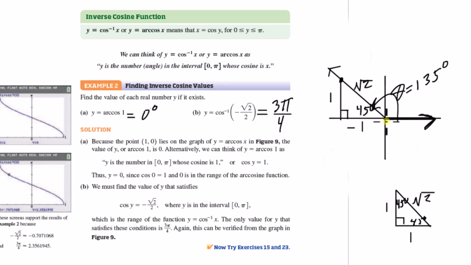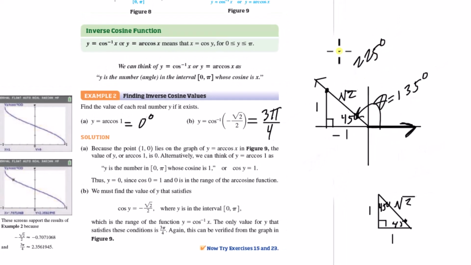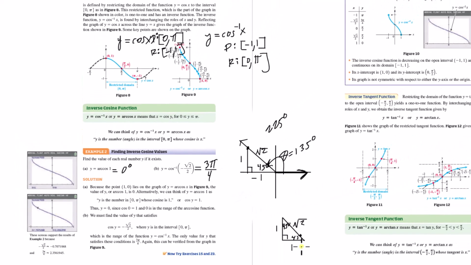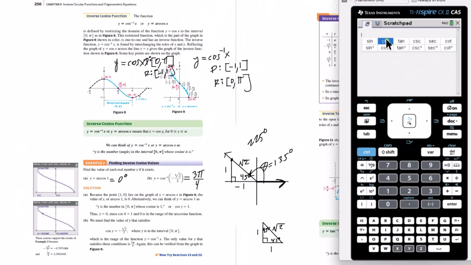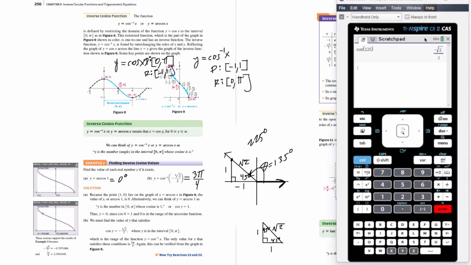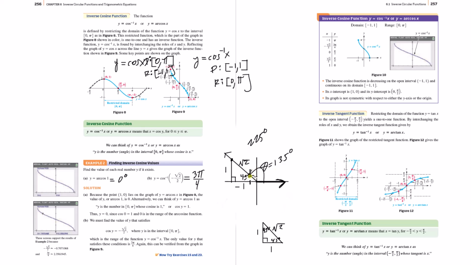Cosine is negative in quadrants 2 and 3. So if you take the cosine of an angle in the third quadrant with reference angle 45, that would be 225. The cosine of 225 also evaluates to minus root 2 over 2.